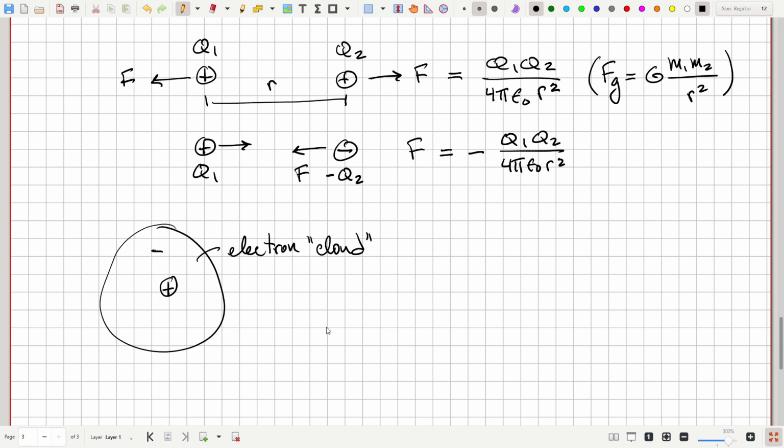So if we put a lone charge out here, there would be a repulsive force between the positive charges, the nucleus and this positive charge. But then there would be an attractive force between the electron charge and that positive charge, and these two forces would cancel out. Okay, and so most matter is electrically neutral, so we don't notice electric forces.